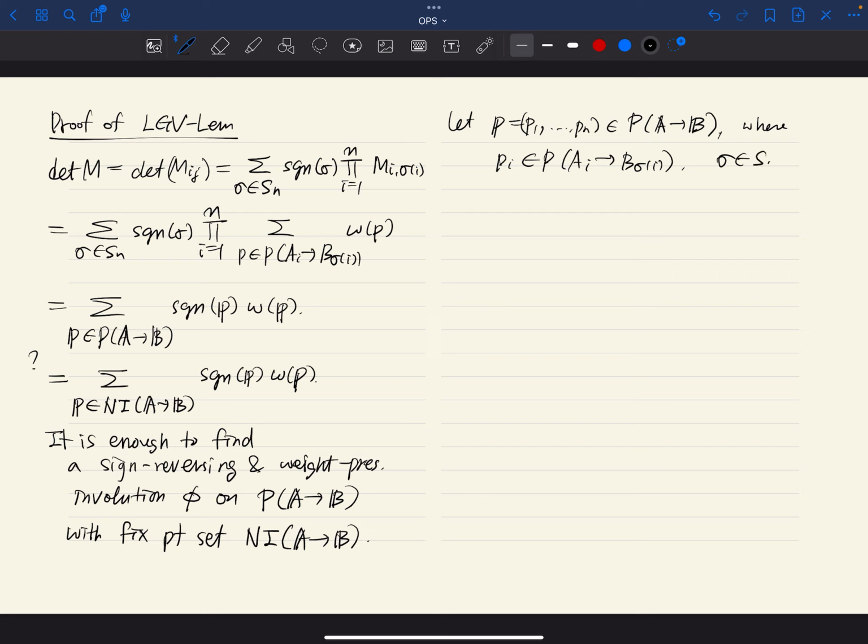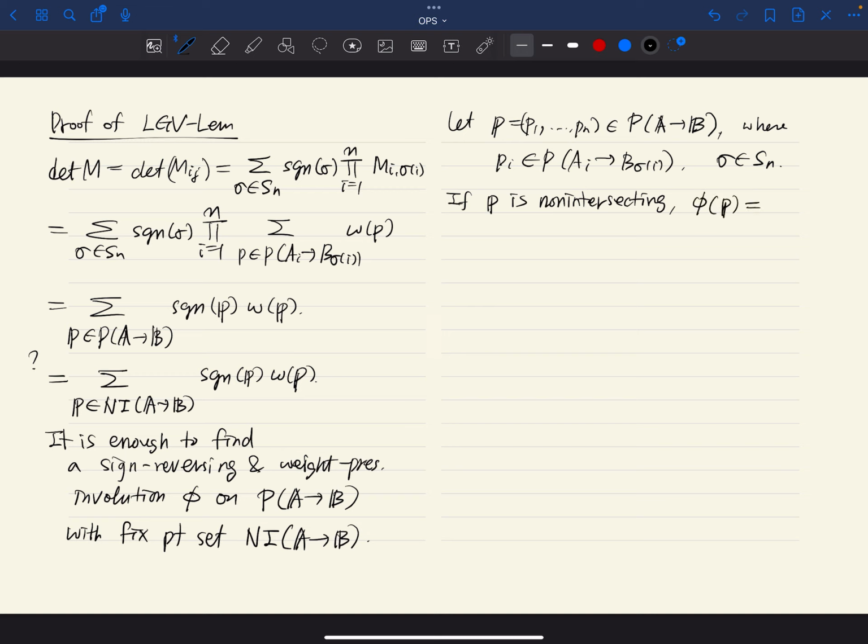Sigma is of course some permutation. All right. There are two cases. If P is non-intersecting, so we want to define what phi of P is.